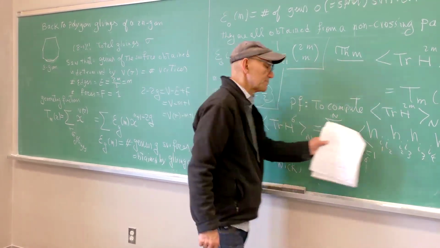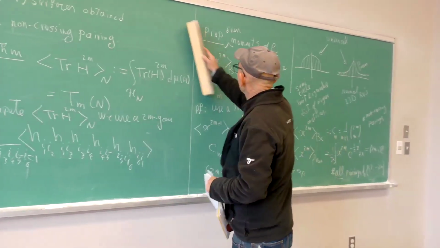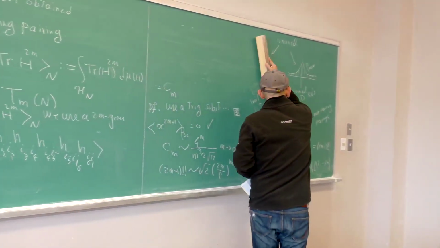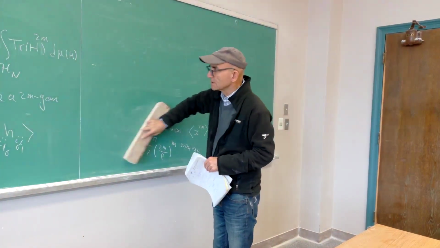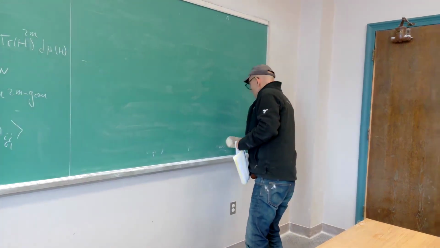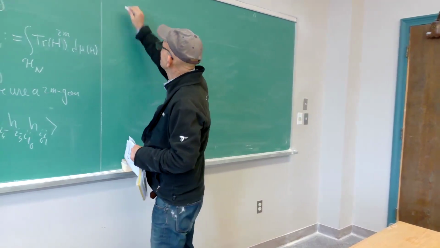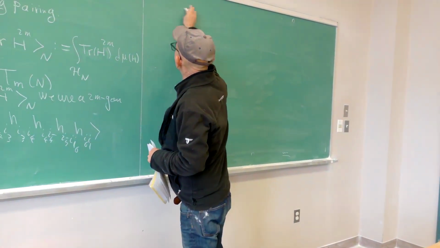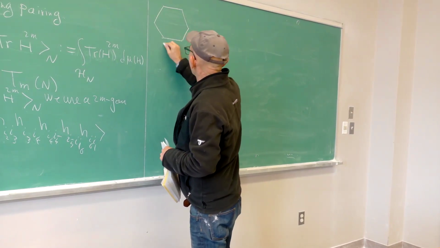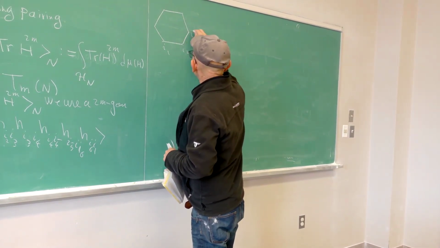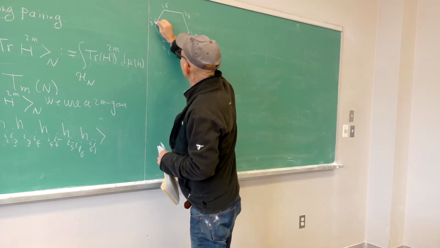So then we express this: we put these indices over this hexagon, i1, i2, i3, i4, i5, i6.